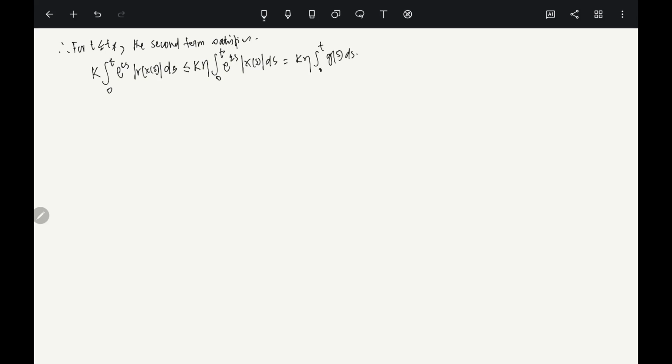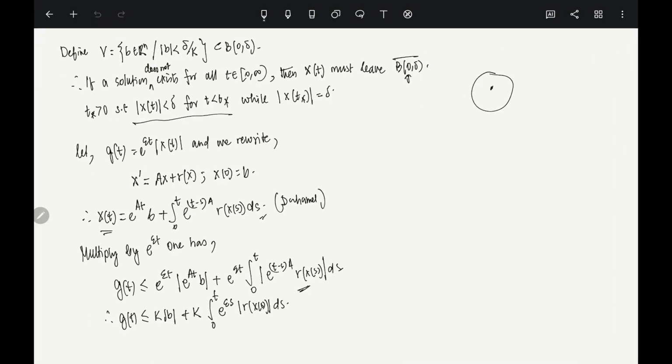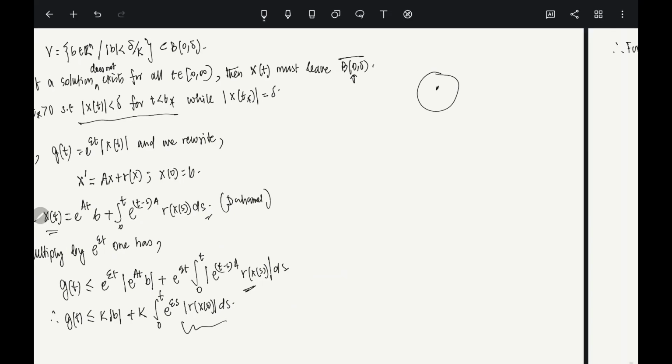I hope this is clear. Okay. Is it fine? I'm just writing this part there. Okay. See this particular second expression.